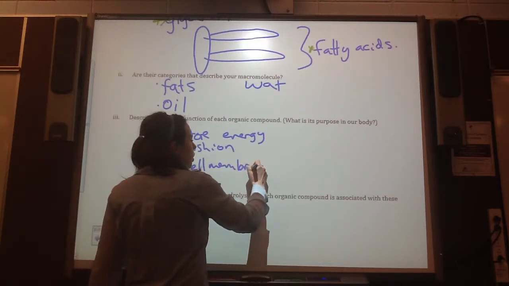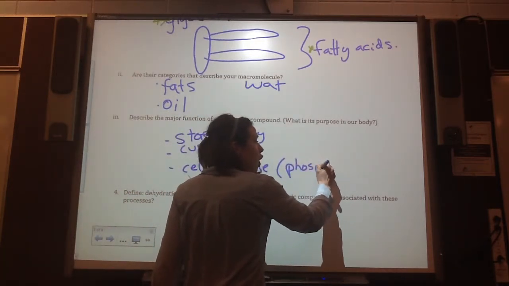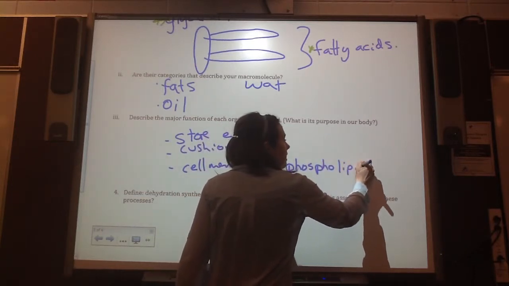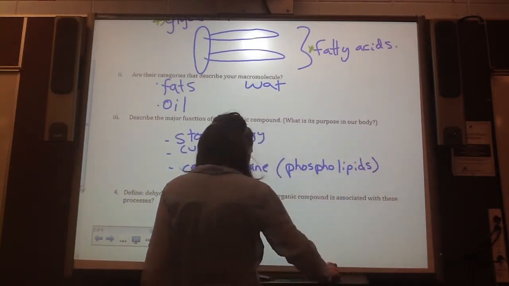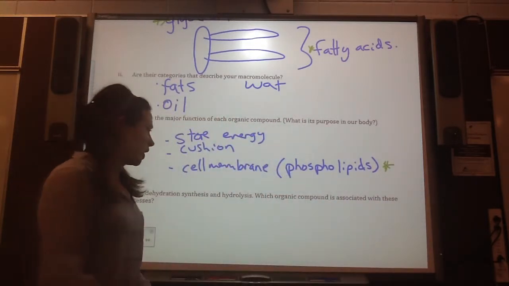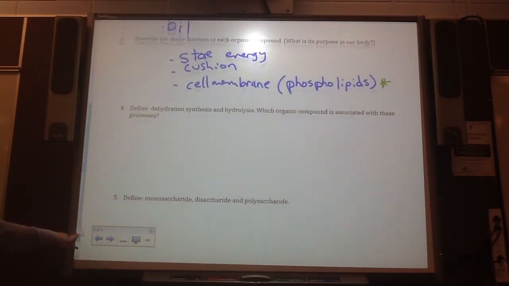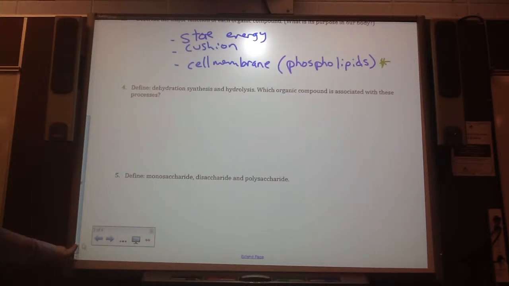Yeah, that's a really important one. All of our cell membranes are made of phospholipids. This is one of those details we learned in Science 10, so you should definitely remember that one. That's a memorization point. Good. So those are our macromolecules.